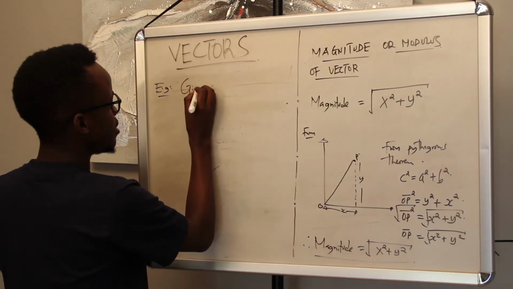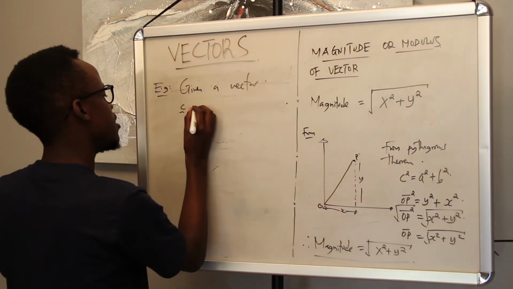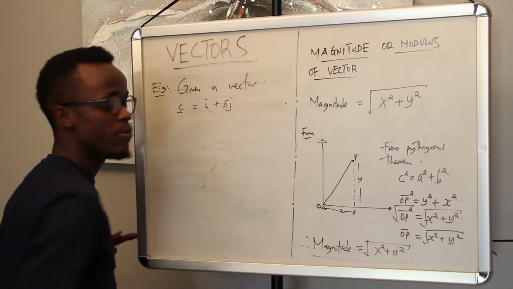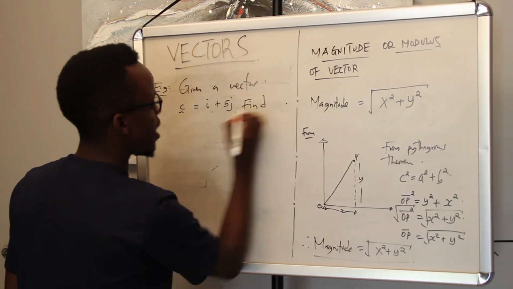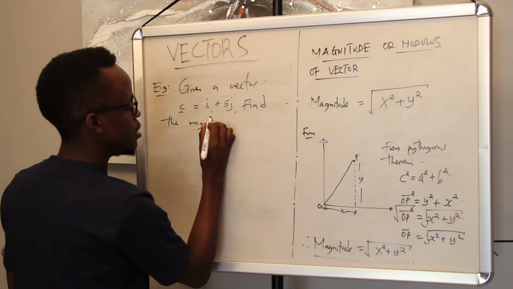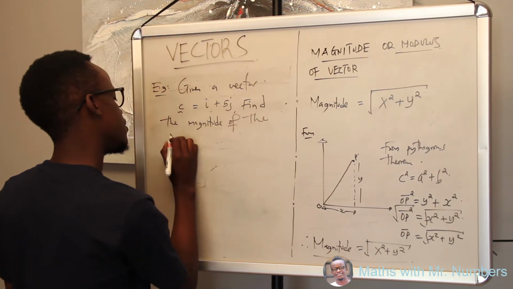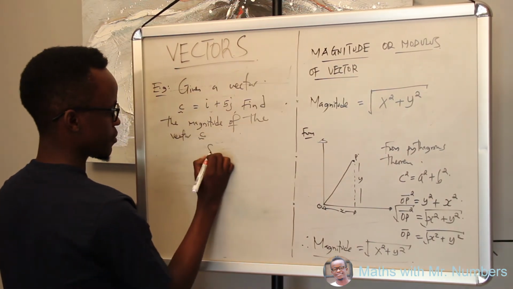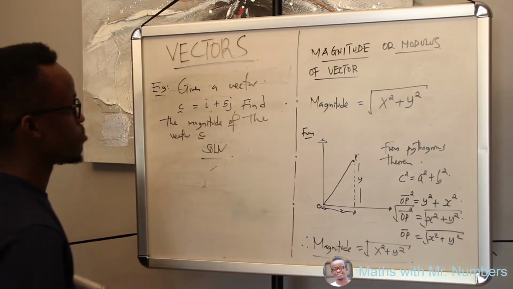Given a vector C as i plus 5j, someone asks you to find the magnitude of the vector C. Therefore, solution: the first step is to write the vector in position.